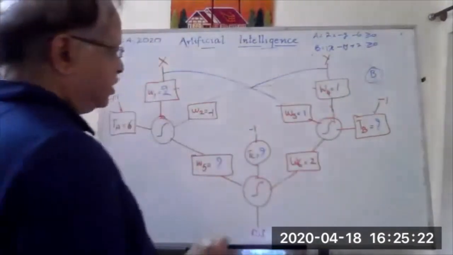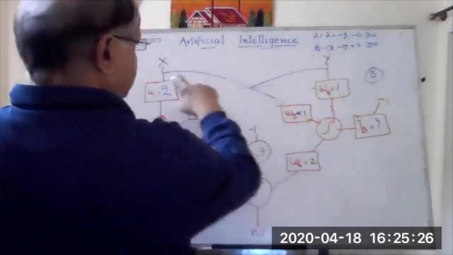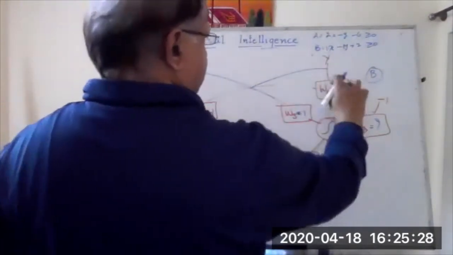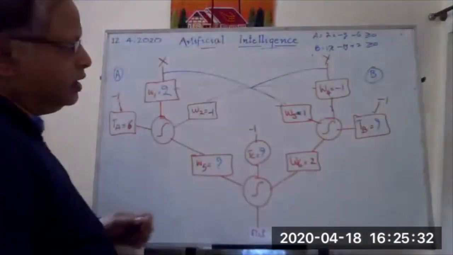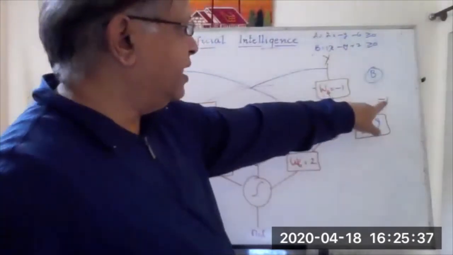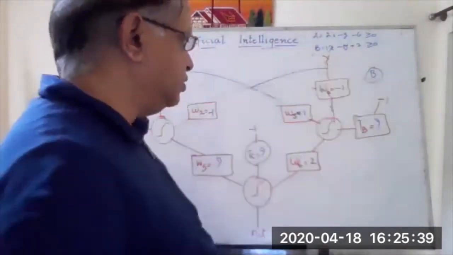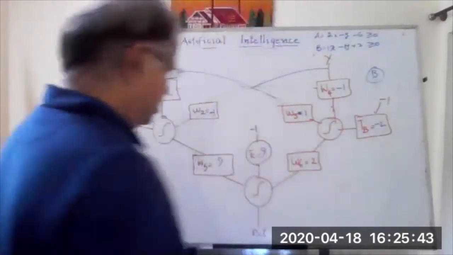W3 into 1 is x, but this has to be minus 1. Now the threshold of TB is minus 1 is already given, but here it is plus 2. That means this has to be minus 2.